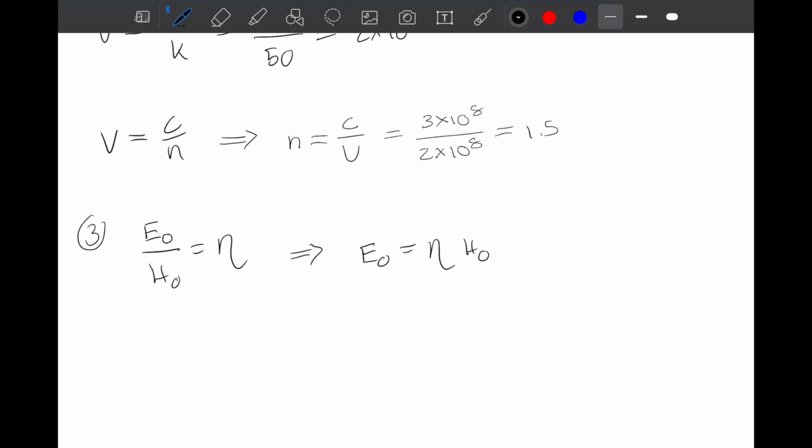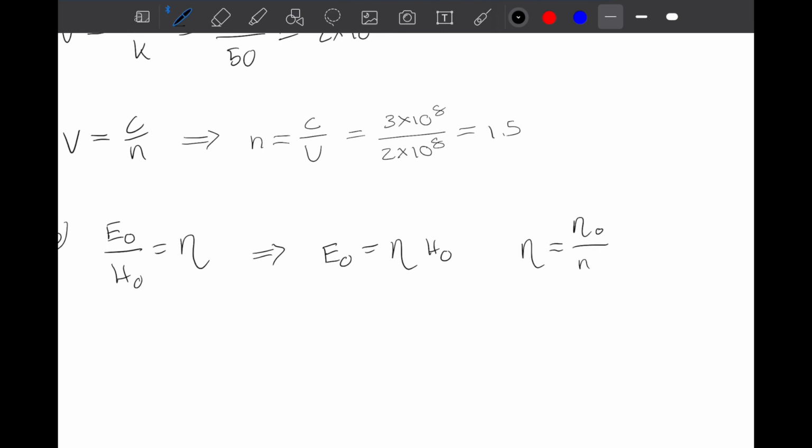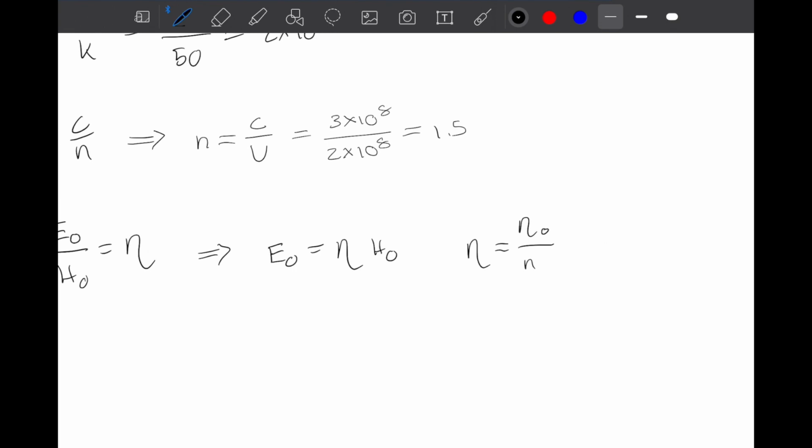To find eta, we say eta equals eta naught divided by n, our index of refraction. Eta naught in a vacuum or air is always 377. This is because the impedance in air or vacuum is defined by the square root of mu naught, the permeability of space, divided by epsilon naught, the permittivity.